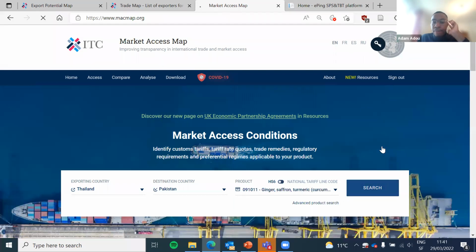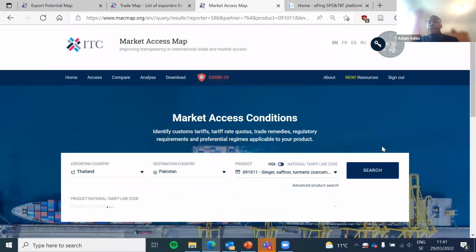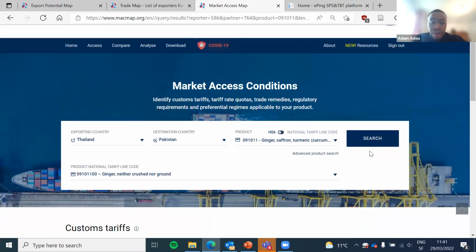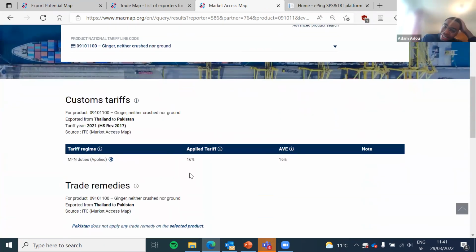If you remember, we had 46 export and import requirements applied to exports from Thailand to the Netherlands. What about Pakistan? The tariff applied by Pakistan is higher than the one applied by the Netherlands, with a 16% tariff. So normally there might be no reason to export to Pakistan when you know that the tariff you benefit from with the Netherlands is lower.